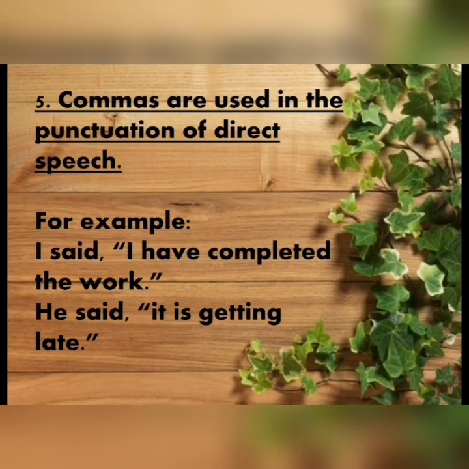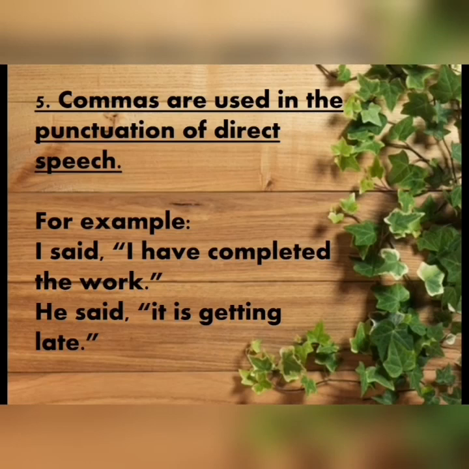Number 5, commas are used in the punctuation of direct speech. Like you are talking about something someone said to you and you are quoting the exact same words that were uttered. So this is called direct speech. For example, I said. Like you are talking to someone and you are telling that I said this thing. So I said, comma. Now there are inverted commas and that direct speech is given.